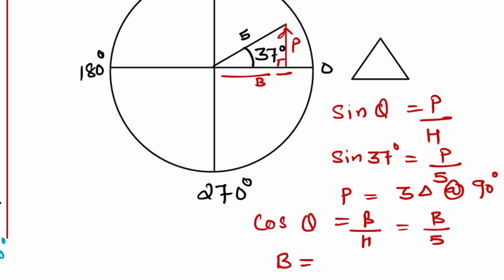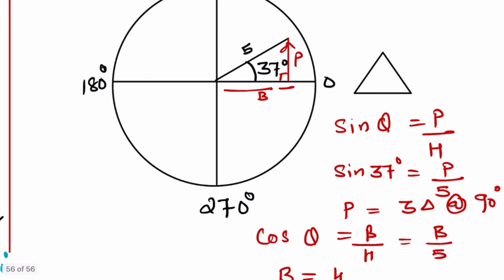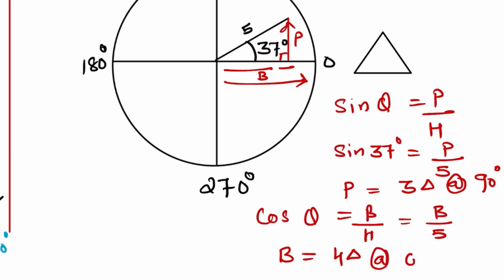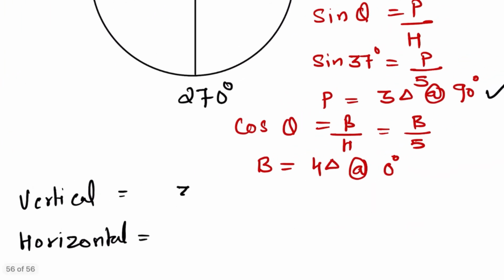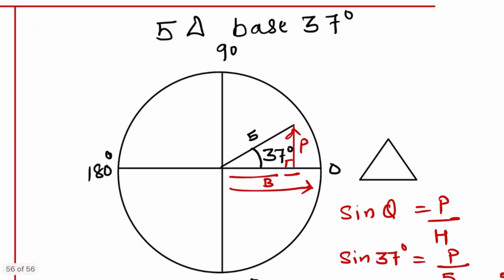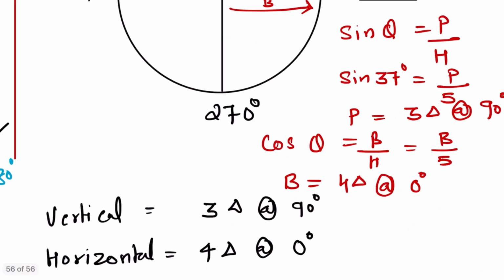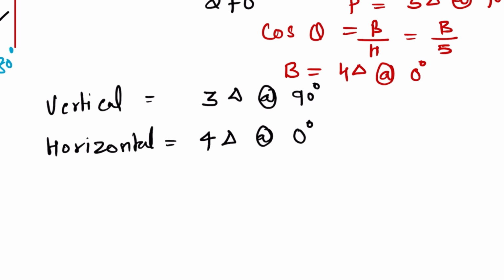After calculating, base will come as 4. So 4 prism diopter, as it is towards the 0 degree, we're gonna write it towards the 0 degree. So 90 will be our vertical, so we're gonna write 3 prism diopter towards 90 degree and 4 prism diopter towards 0. So we have resolved our 5 prism base towards 37 to its horizontal and vertical components.